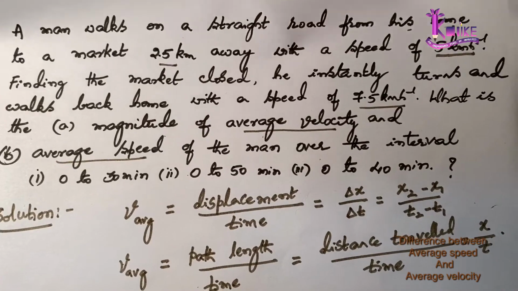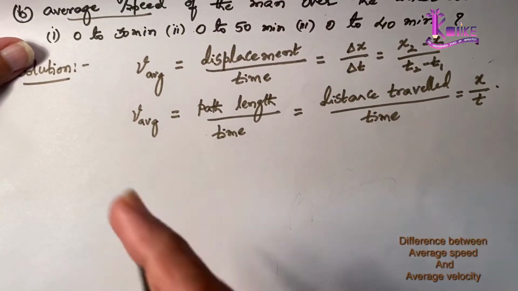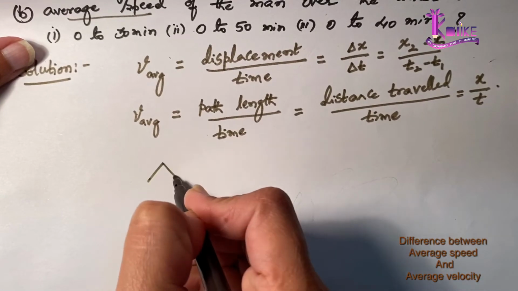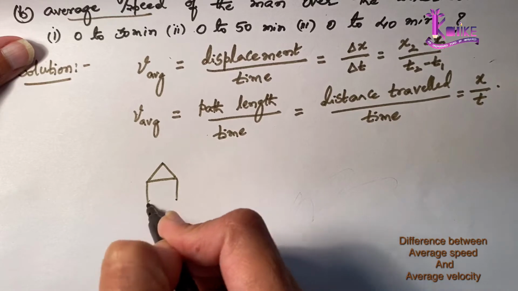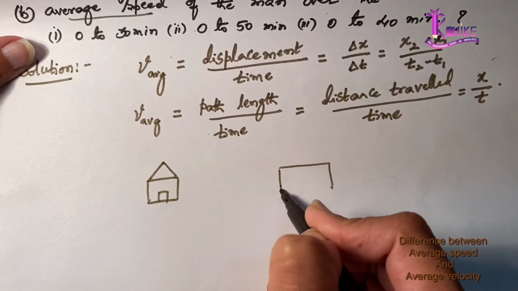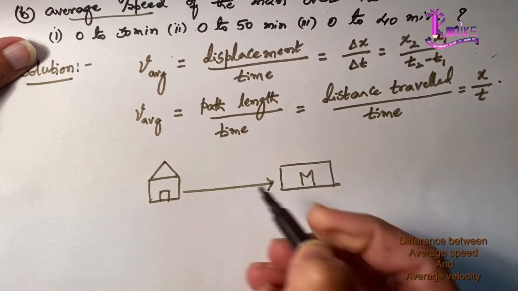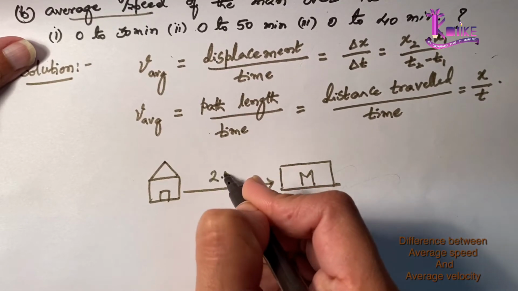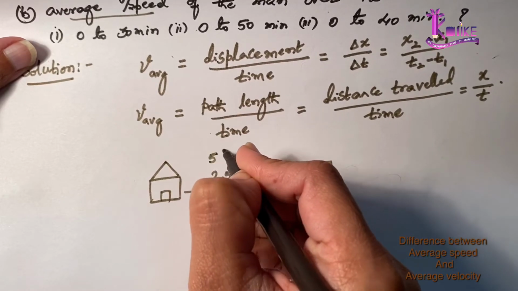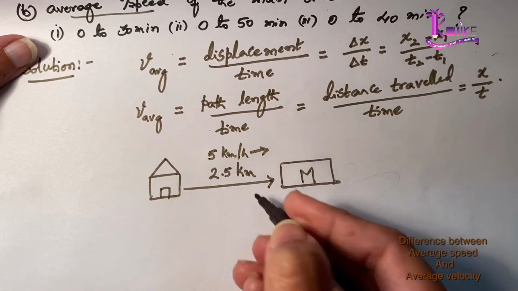Now, what does the numerical say? If I call this where the man lives, his home, and let's say this is the market. So he covers a distance of 2.5 kilometers from home to market with a speed of 5 kilometers per hour, right?